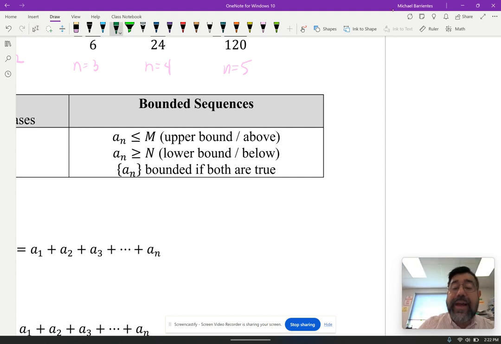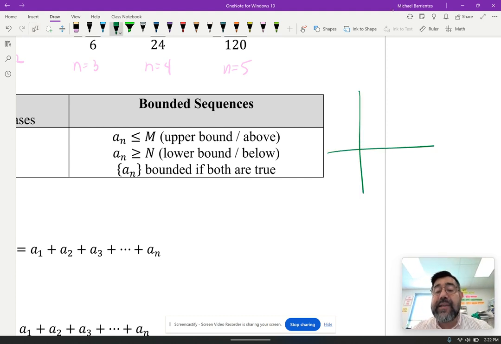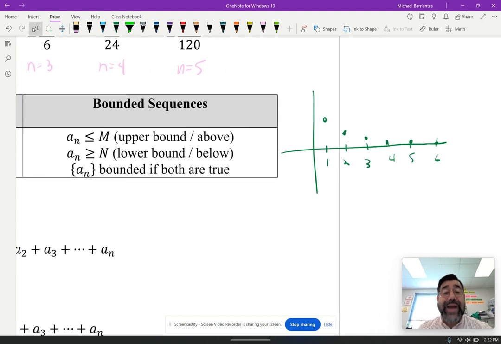So an example of that would be maybe a sequence that starts at one, and then it goes to one half, and then it goes to one third, and then it goes to one fourth, and then one fifth, and then one sixth. So I can see that this sequence is bounded. It's bounded above by one, that's the highest value.